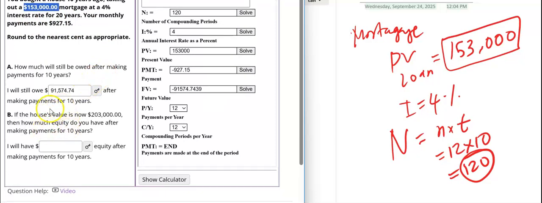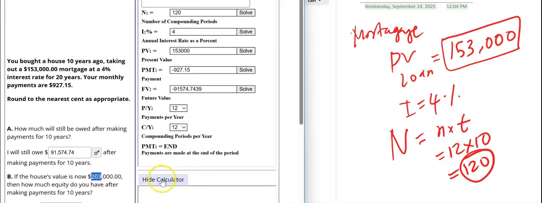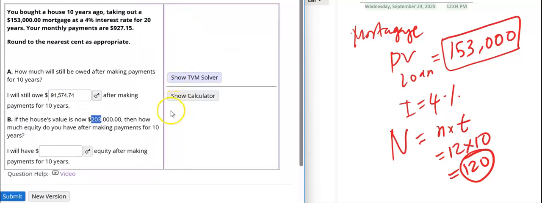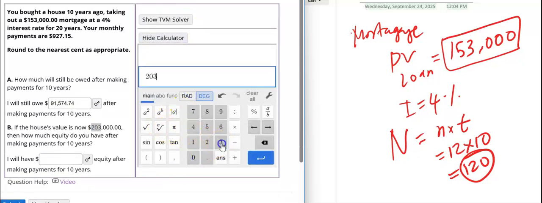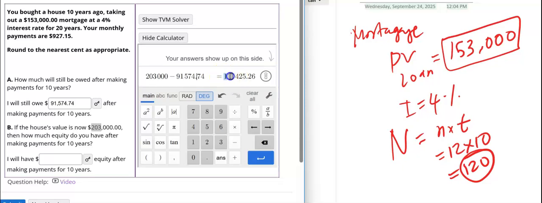Okay, so the next question is, if the house has a value now of $203,000, how much equity do you have after making payments over the 10 years? Here's the thing. Since the house price is $203,000, but you still owe $91,574.74, the difference is going to be the equity of the house.